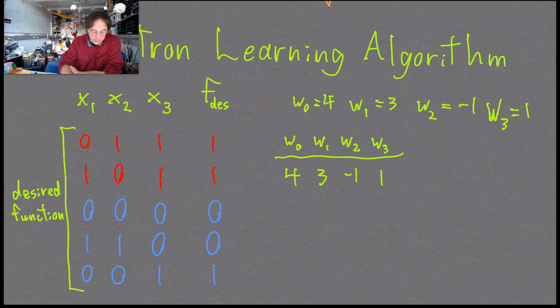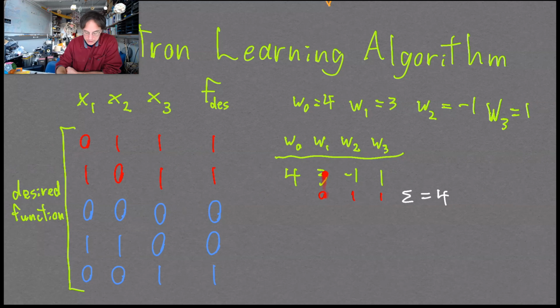If we plug in 0, 1, and 1 for x1, x2, and x3, then the sum would be 4, because we have the bias term.